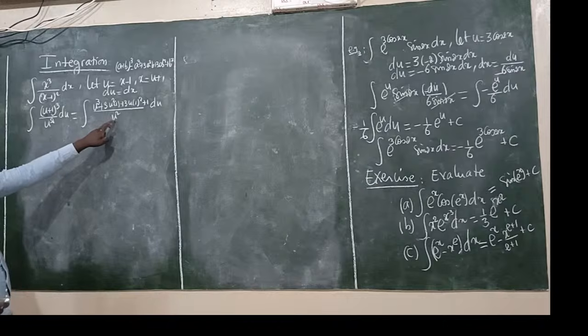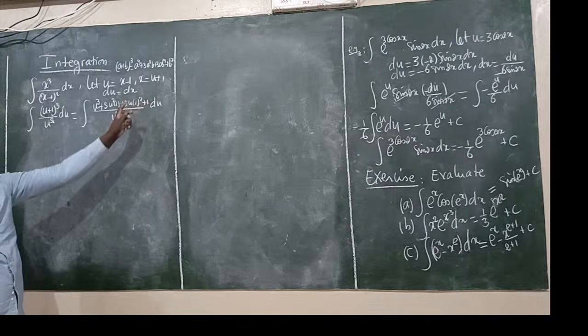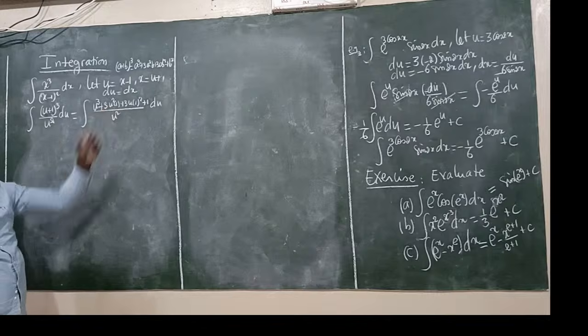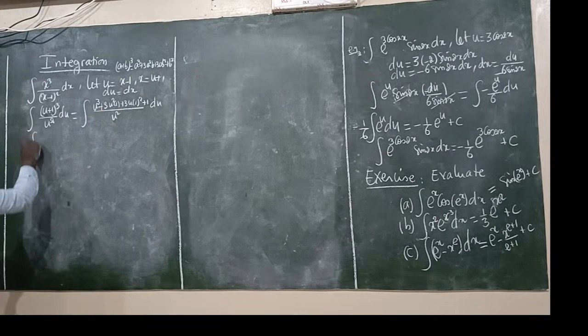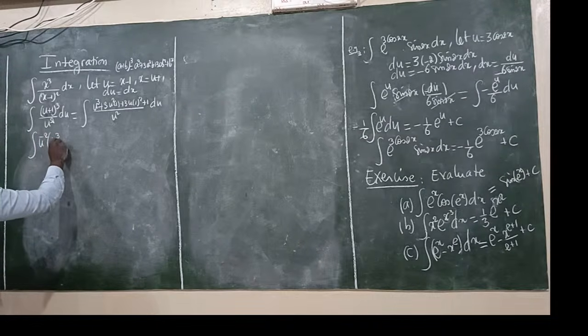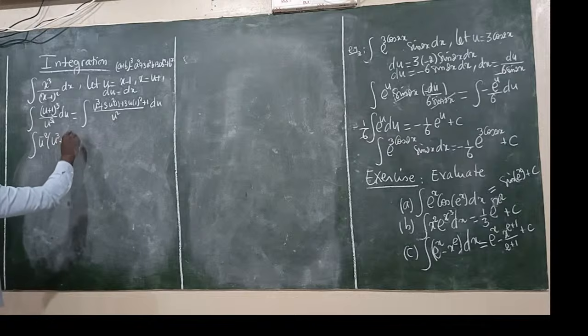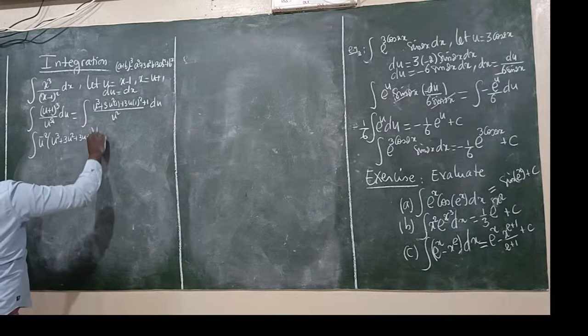I can take this u^2 above so that its power sign will be minus 2. Here is the integral of u^(-2) into (u^3 + 3u^2 + 3u + 1) du.